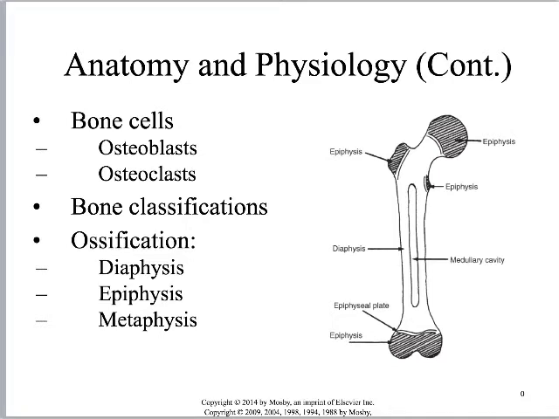There's different types of bone classifications. I'm not necessarily interested in that for our purposes here, but we do need to be able to identify these different areas of ossification as being the diaphysis, which a lot of times I think about as the main shaft of the bone. The epiphysis, so we talk about the epiphyseal plates, right?